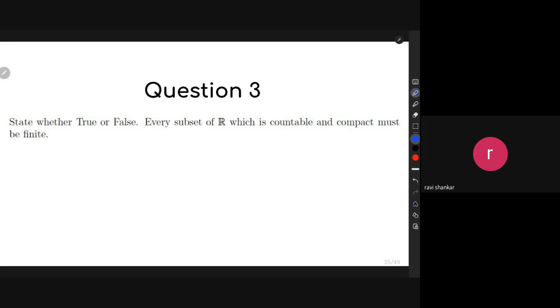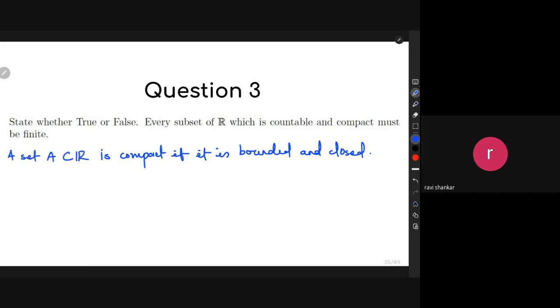In R we say a set A is compact if it is bounded and closed.